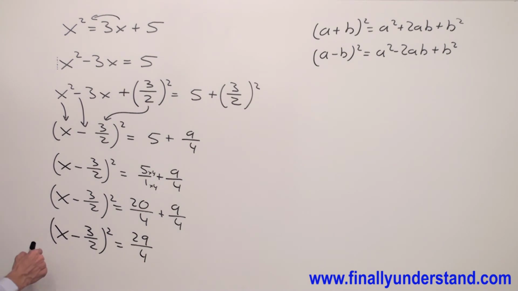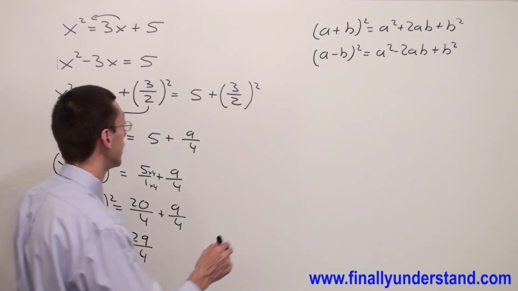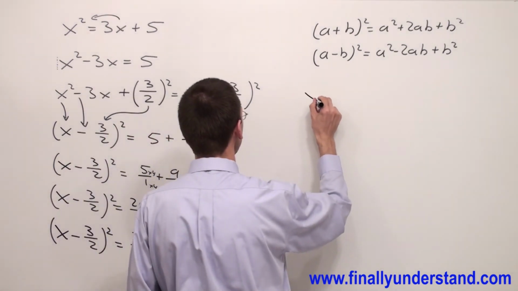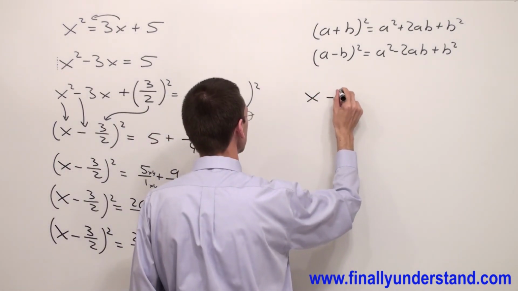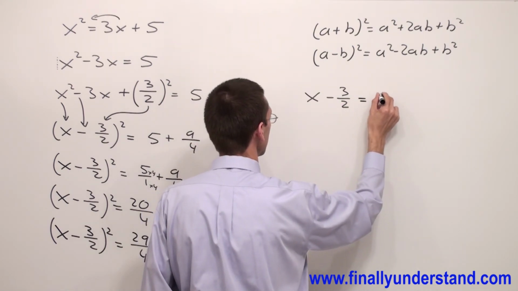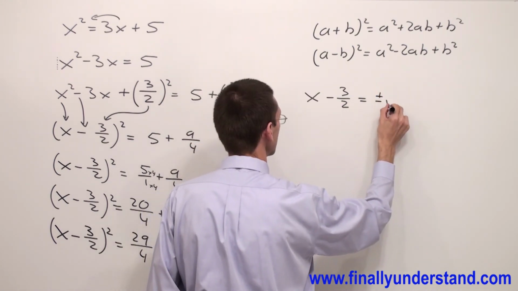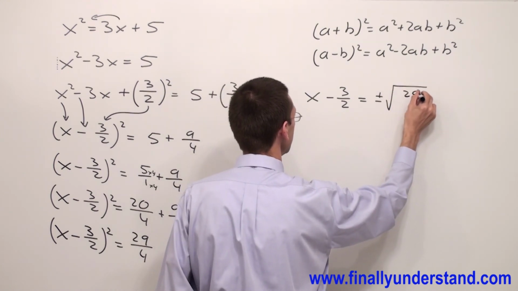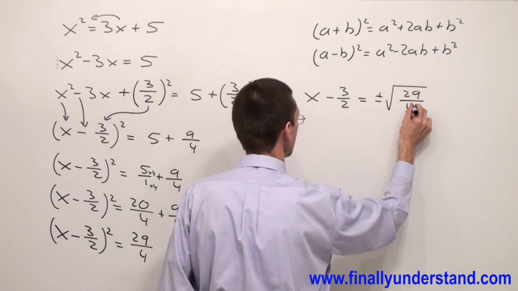Next, you're supposed to take the square root of both sides of the equation, and you are going to have x minus 3 over 2 equals plus minus square root of 29 over 4.